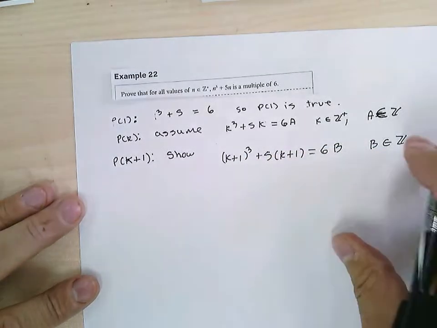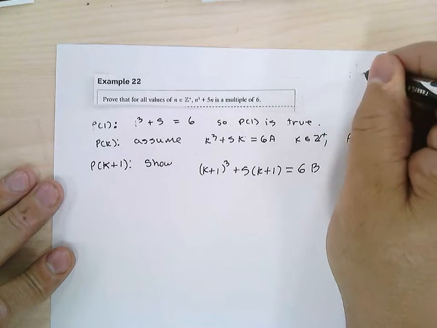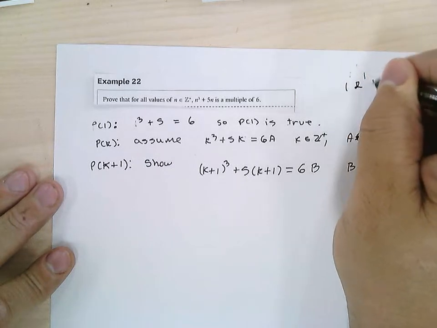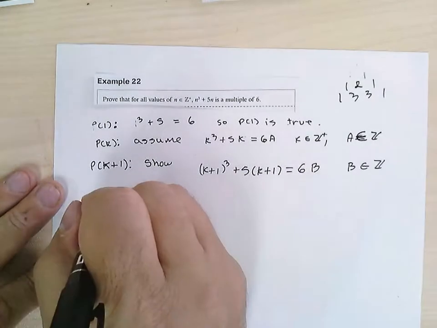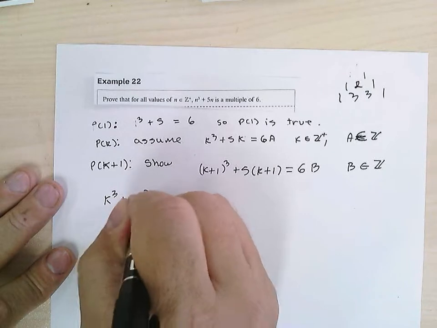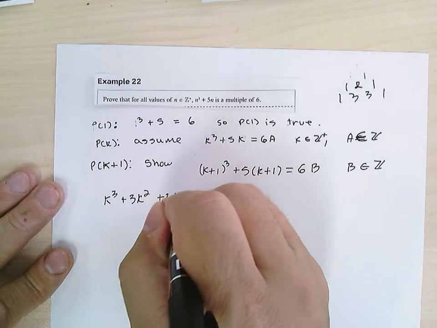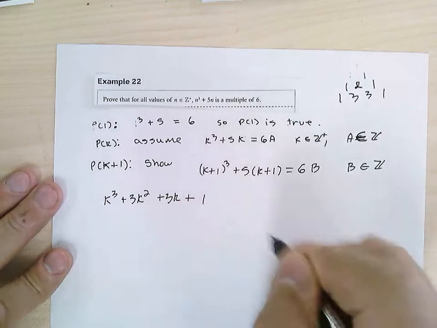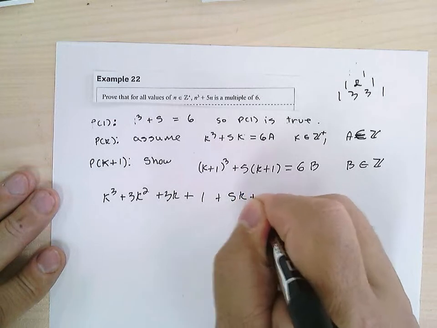You can expand it out by hand, but I remember Pascal's triangle for this one. So this is going to expand out to k cubed plus 3k squared using these coefficients right here, plus 3k plus 1, plus distribute this through 5k plus 5.